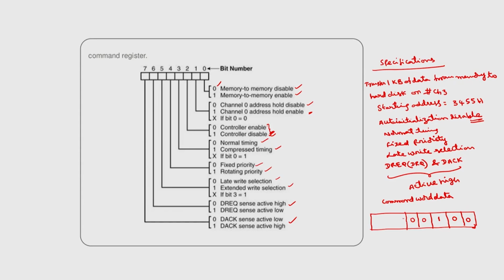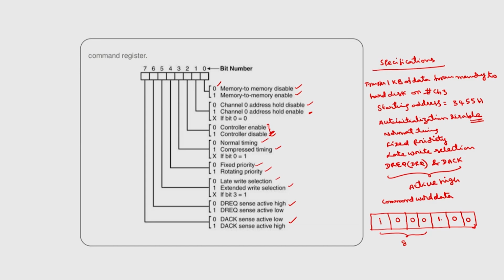I want to make both high: DREQ high means this will be 0, DACK high means this will be 1. So, this corresponds to 8. One more bit is, the last one is 0, then the last but one is 0, controller disabled is 1.